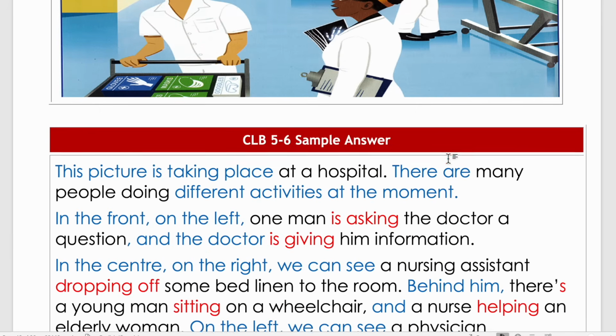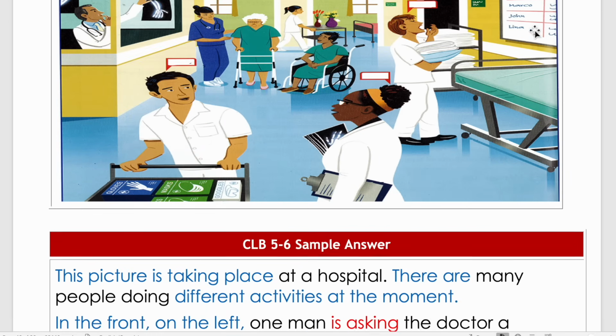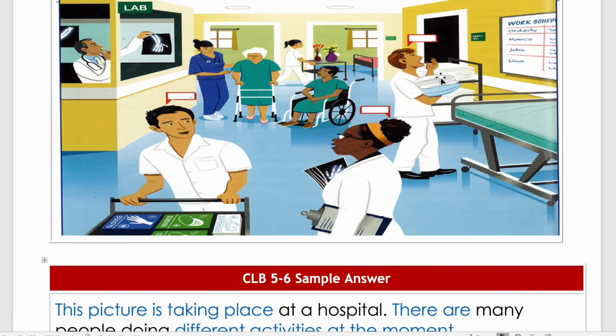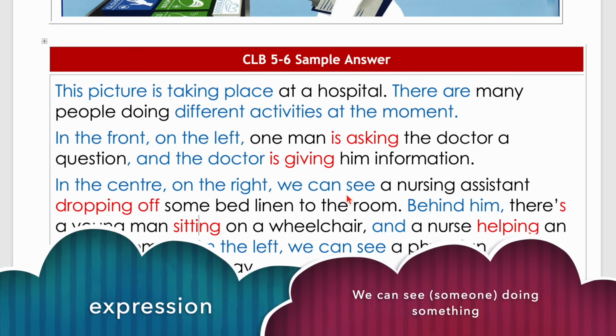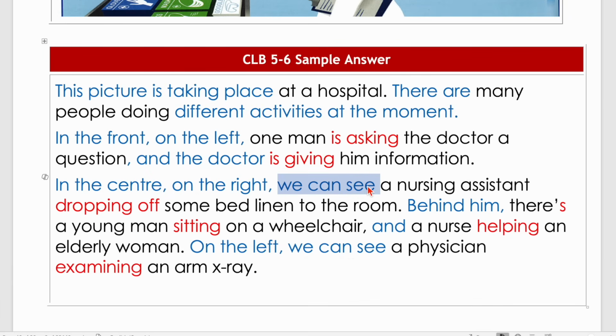Well, maybe on the bed, but maybe he's going to the room here. Okay, so he's dropping off some bed linen. Okay, that's good. Again, here we used we can see. So then dropping off. Okay.